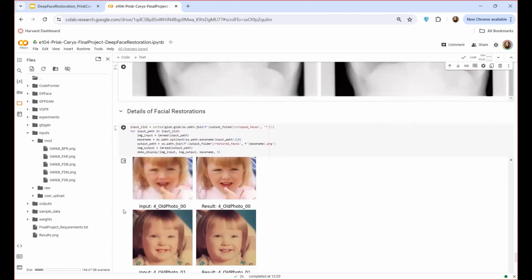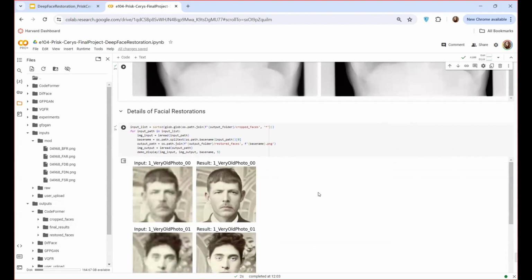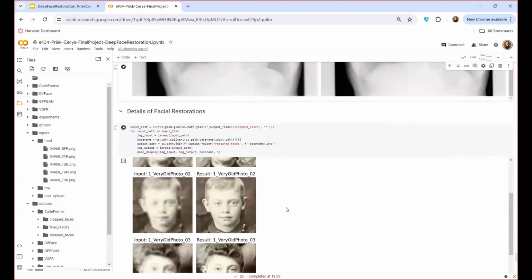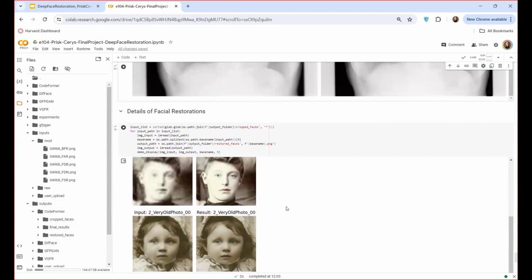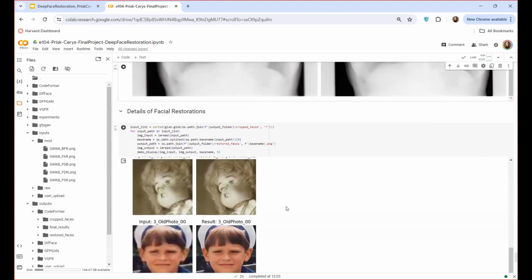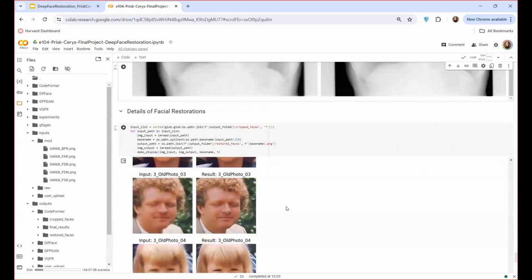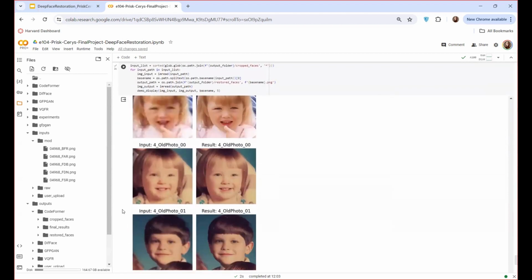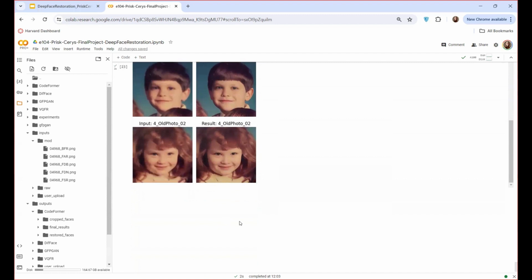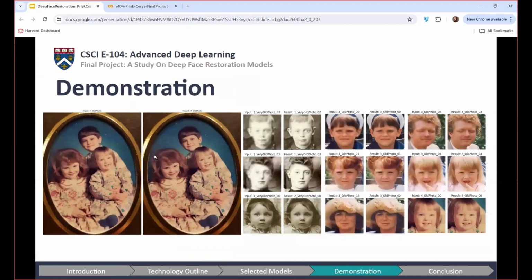I've then looked at the folders of the specific face areas that it creates in the outputs, cropped faces and restored faces, to show the detail of what it does. These really clearly show the improvements to the images. And this shows how much fun you can have with restoring old images. So here's just a couple of images I wanted to include.